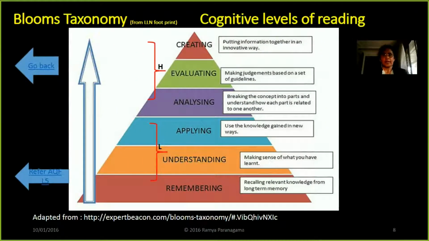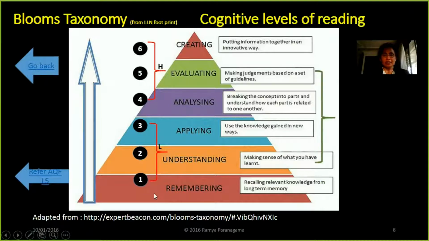Now we need to look at the connection between critical thinking and critical writing. This slide was extracted from my critical reading presentation on the 10th January, which has the first two layers, remembering and understanding, of Bloom's taxonomy, and then the next four layers. You know that H is for higher order and L for lower order thinking.